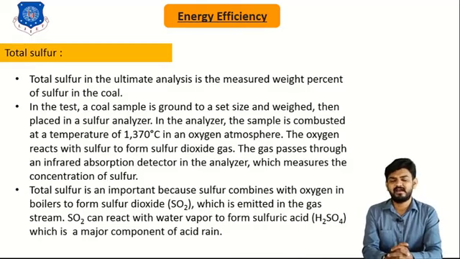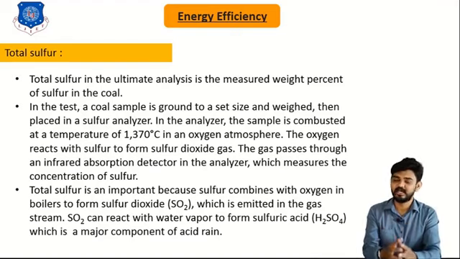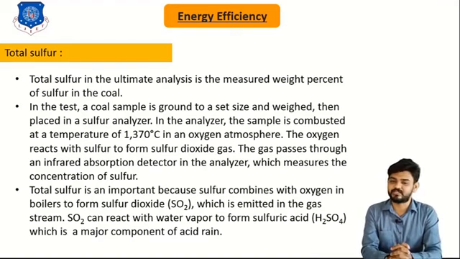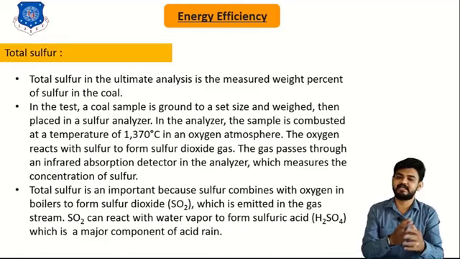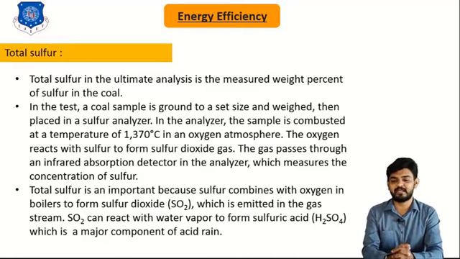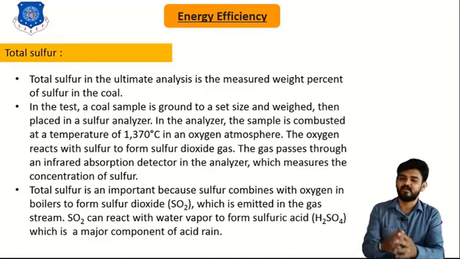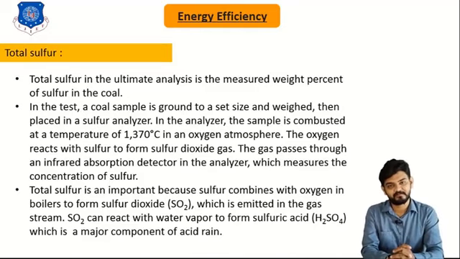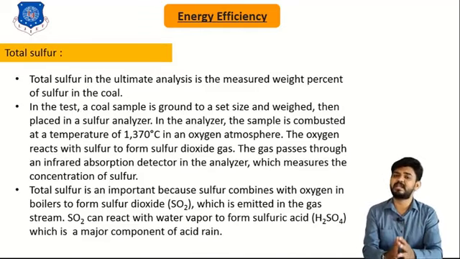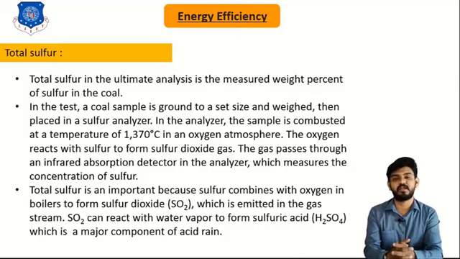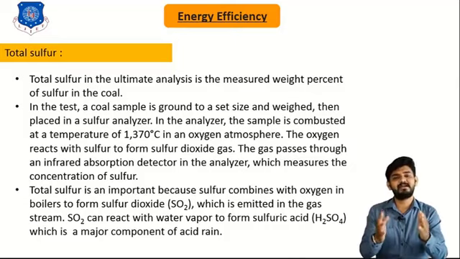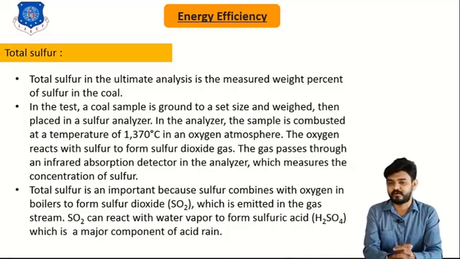This gas is then passed through an absorber detector in the analyzer, which measures the concentration of sulfur. So the product of this combustion reaction is passed through one absorber detector, where we detect the sulfur compounds or measure the concentration of sulfur. So this is how we can measure the sulfur component.